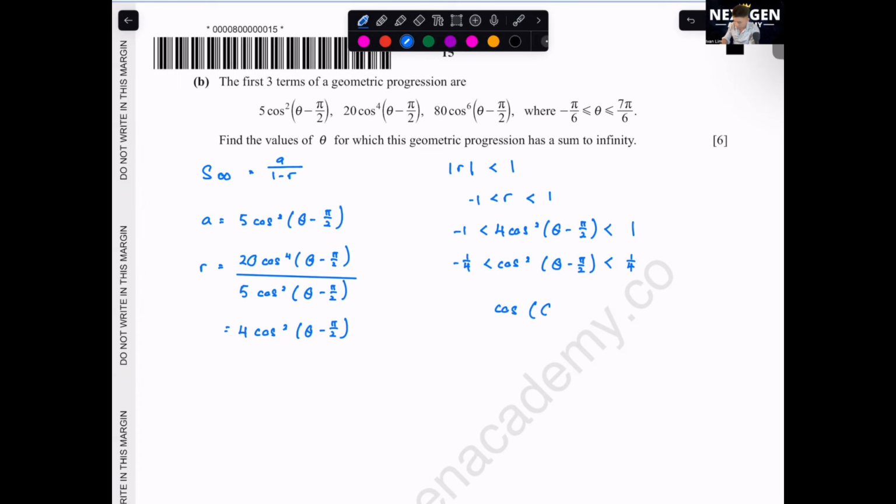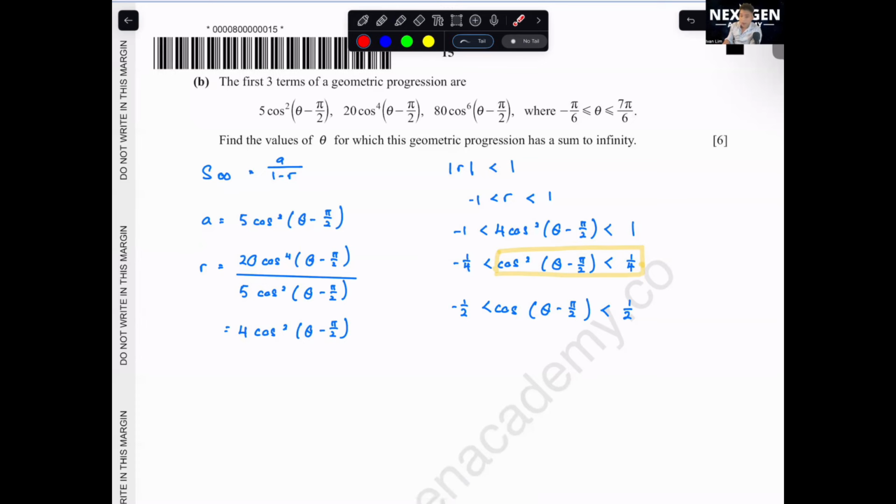Sorry, teacher forgot what I did already. This will be 1 over 2, and negative 1 over 2. Understand, right? This part here, we cannot square root the negative value, so we will only take this part: cos square theta minus pi over 2 is less than 1 over 4. The negative one is a math error, so we will ignore this part here. Understand?